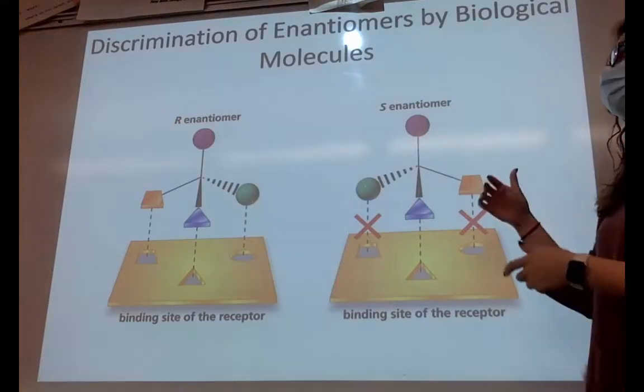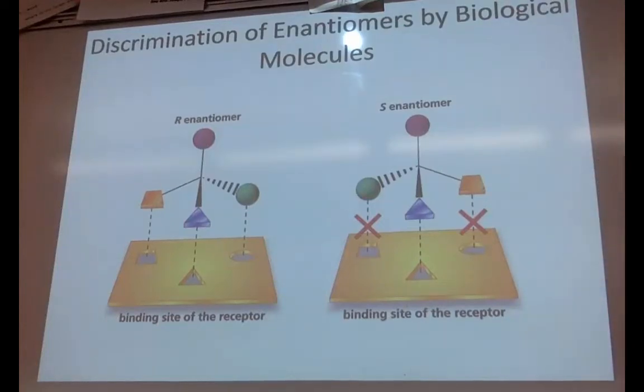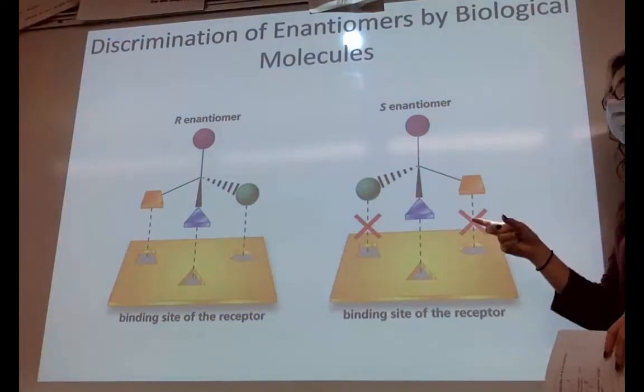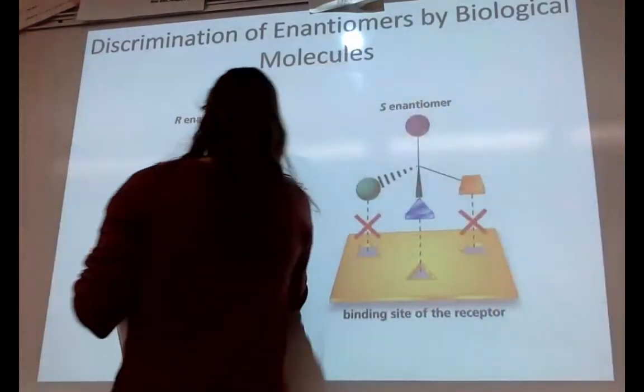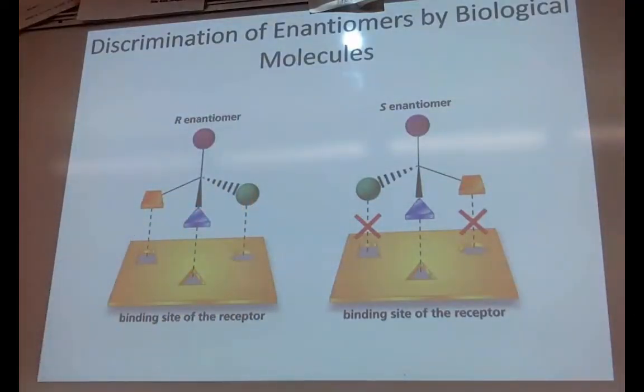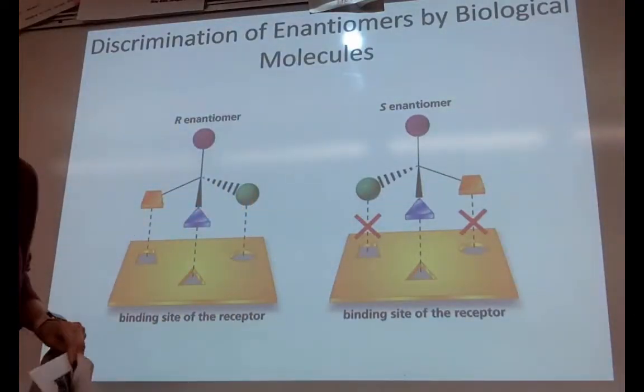So that shows how the R and the S, even though they have the same formula and are connected the same way, are different enantiomers because they're arranged in space differently. They can have different properties.